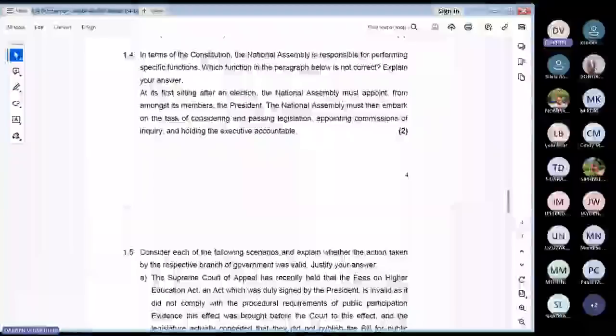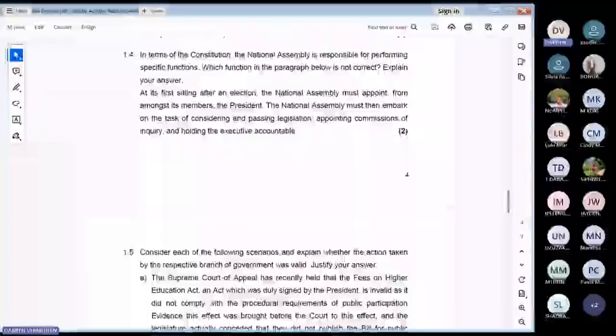The statement that's incorrect in here has to do with the appointment of commissions of inquiry. They are correct that at the first sitting, the president gets elected according to Section 86. However, Section 84 of the Constitution says that the appointing of commissions is a presidential power.